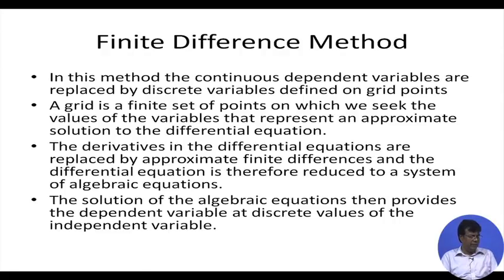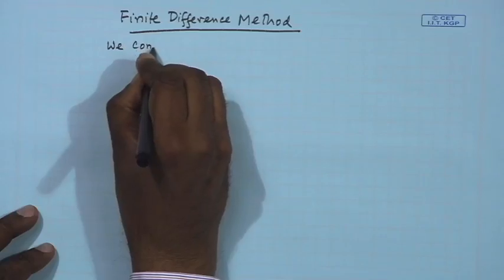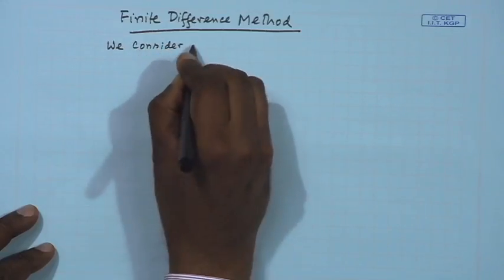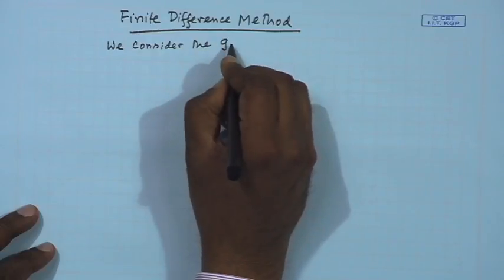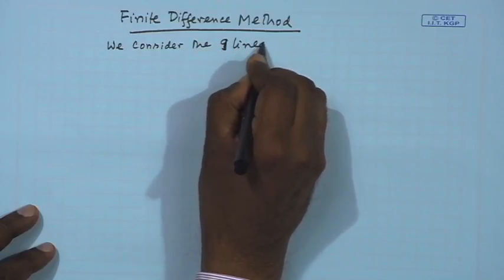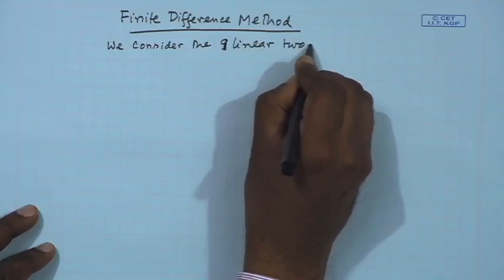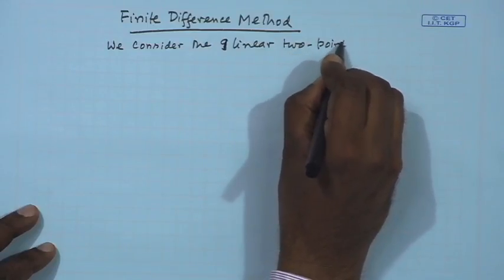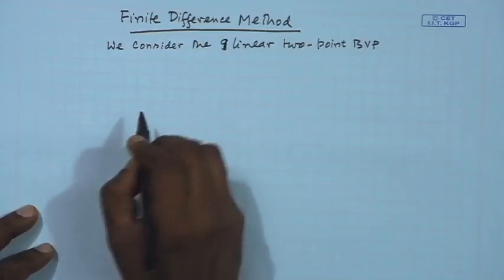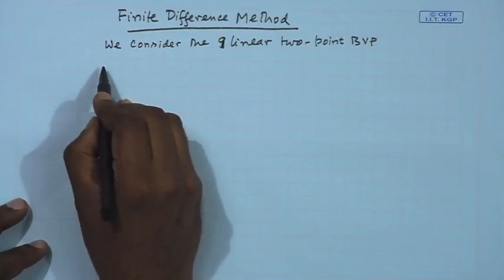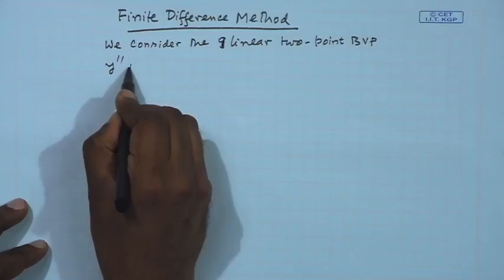The solution of the algebraic equations then provides the dependent variable at discrete values of the independent variables. First we consider the linear 2-point BVP. The linear two-point BVP in general should be like this.